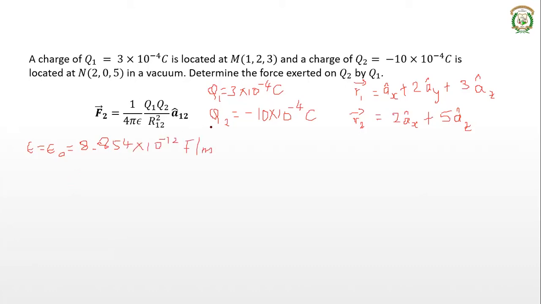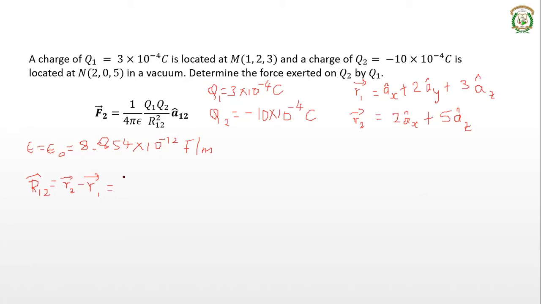Okay, so substituting all this, or rather you need to get this R12 and A12. You can get that from R1 and R2. What is R12? You can get this as R2 minus R1, right? You know, distance vector is the difference between the position vectors, R2 minus R1.